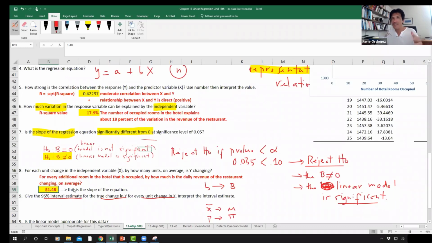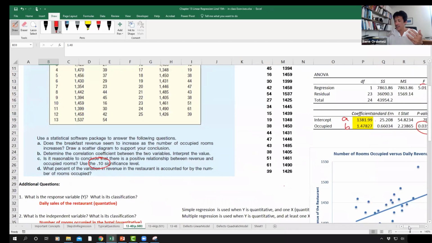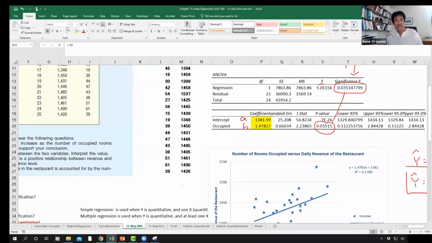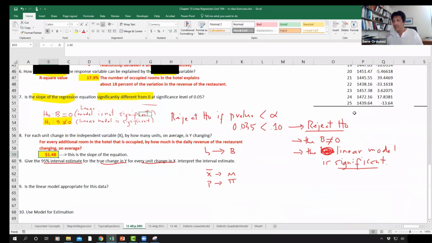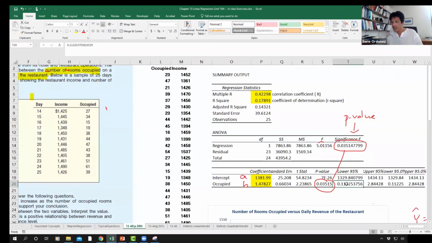We don't have to compute that number, because in the output over here, you see this, so this is the point estimate of the true slope. In here, you will have that number there.